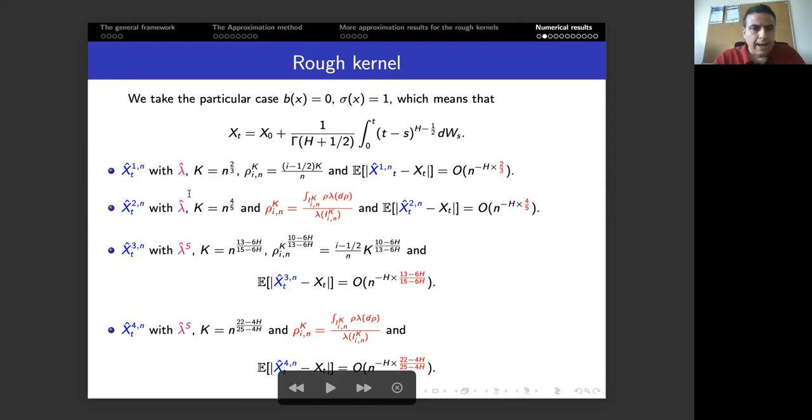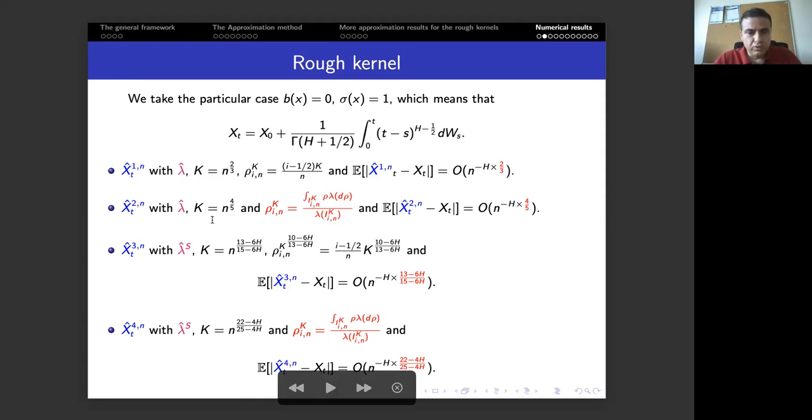The second approximation scheme still uses the Riemann approximation, but combined now with a tricky choice of the weights rho I and k. As mentioned in the previous result, in this case the strong error would behave like n to the power minus h times 4/5.